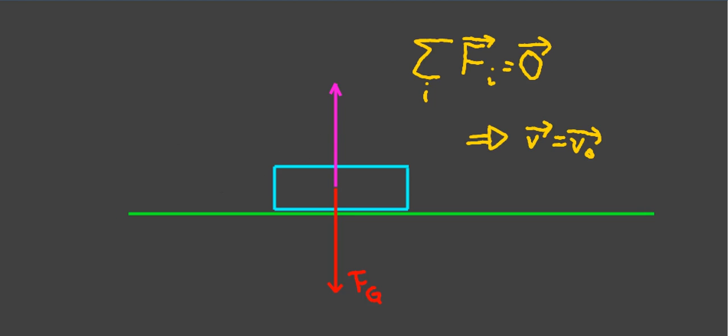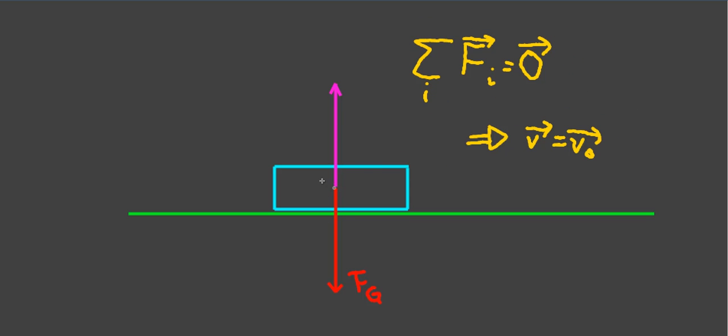The object doesn't just sink through the ground. Instead, the ground applies a backward force against the object, so that the forces cancel out. The backwards force and the forwards gravity force cancel out, and the total of forces is equal to 0. So our velocity stays the same.